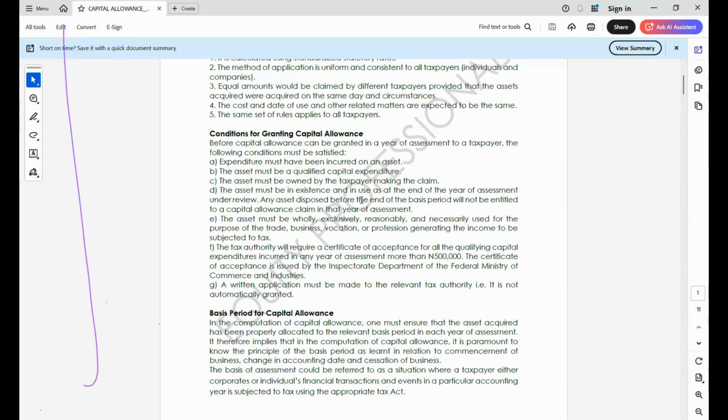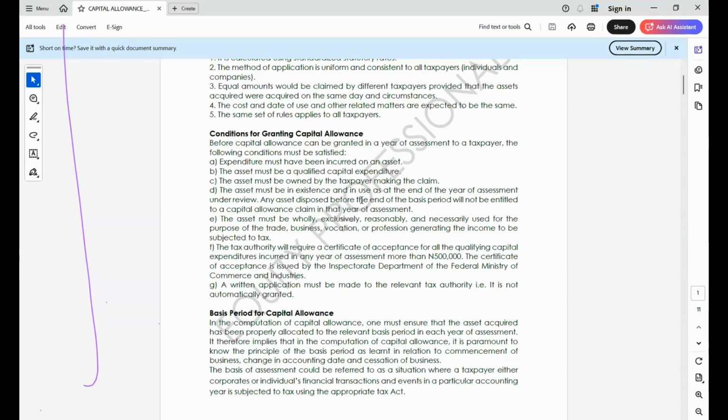So what this condition tells you is that whenever there is disposal of QCE, that particular QCE that is disposed of will not qualify for capital allowance in that year, except where you are otherwise instructed by the examiner.